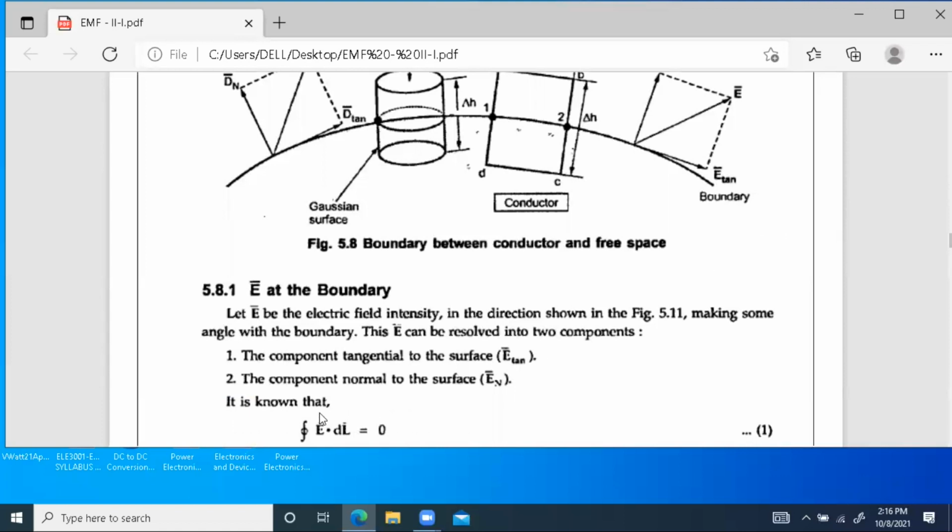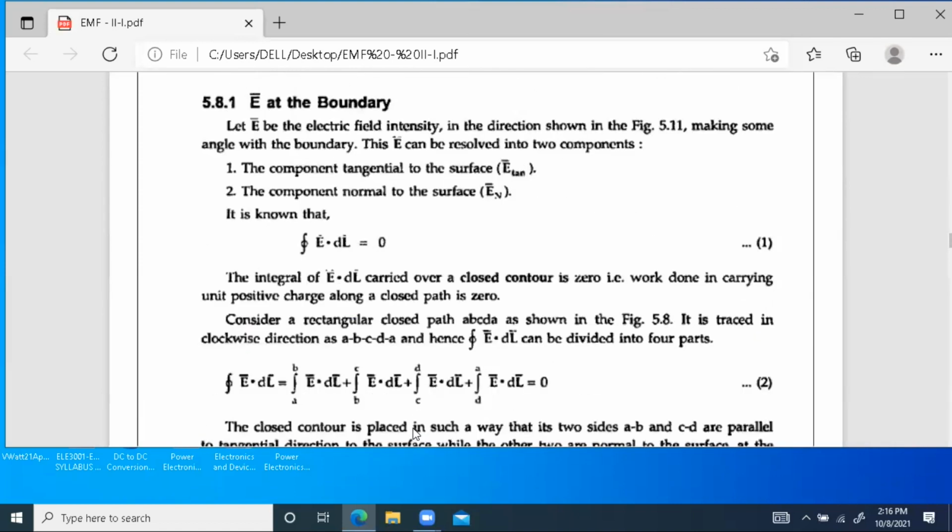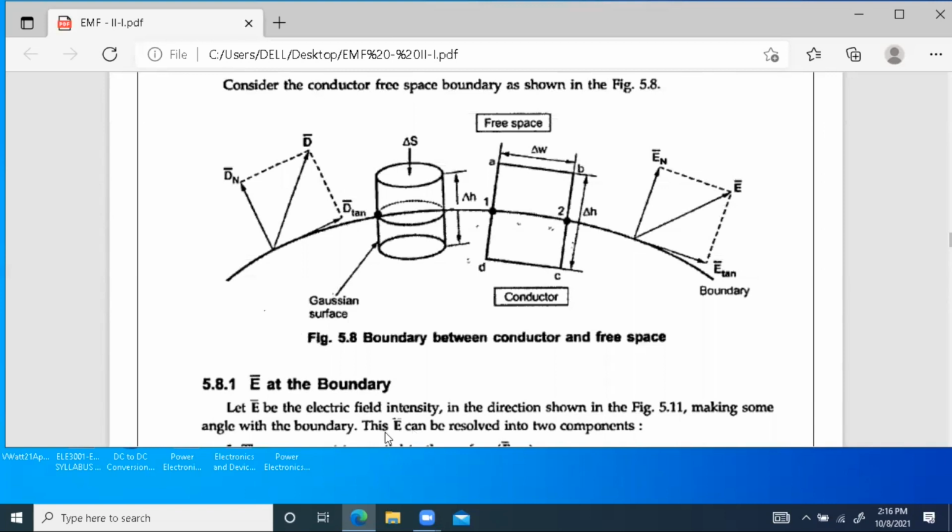So we already know that the integral of E dot dl is 0. So E dot dl over the closed path is 0. So we're gonna choose a closed path here. So E dot dl over this closed path is 0. All right?